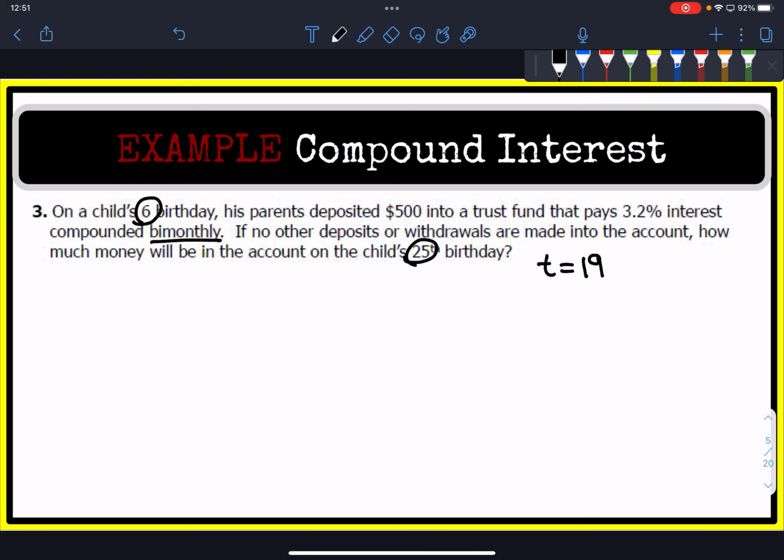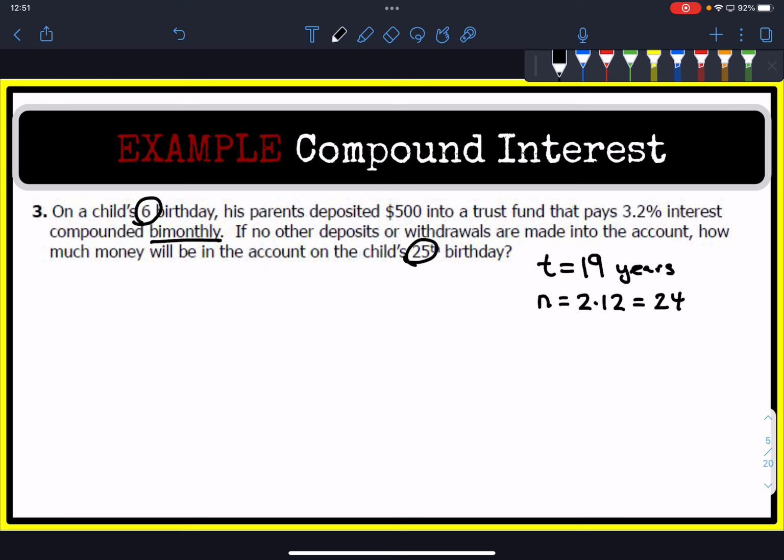Now, because we're going to compound it bi-monthly, well, there are 12 months in a year, and bi-monthly means 2 times every month. So n will equal 2 times 12 months in a year, so that's going to be 24. We're going to compound it 24 times in 1 year for 19 years.